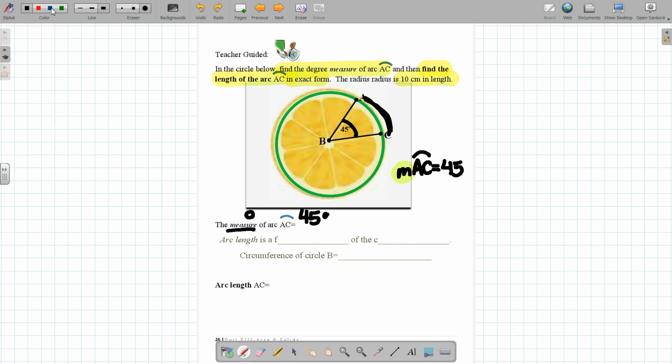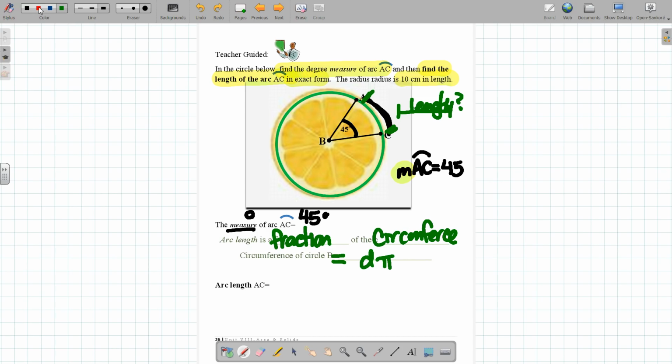Now, if I were to slice this peel here and flatten it, and I wanted to find its length, arc length is a fraction of the circumference. Circumference is d pi. The way I do fraction, that's theta over 360 times d pi.